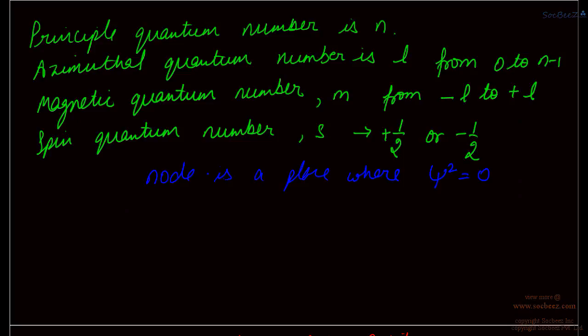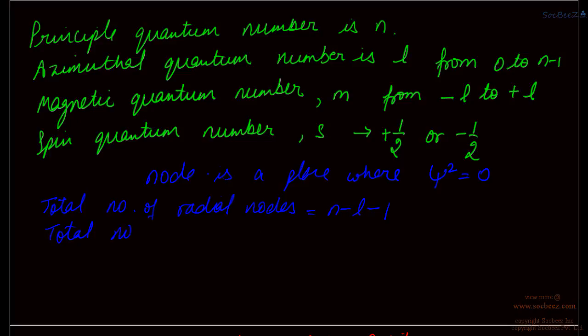The total number of radial nodes for an electron with principal quantum number n and azimuthal quantum number l equals n − l − 1.